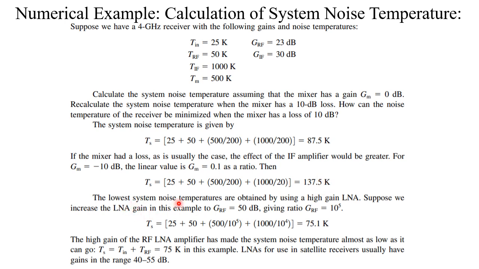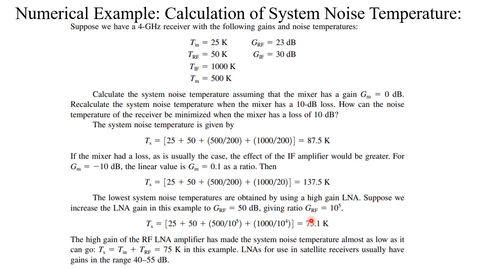The lowest system noise temperature is obtained by using a high gain LNA. So we increase the LNA gain, say up to 50 dB. So 50 dB means it becomes 10 to the power 5 in the ratio scale. If you calculate the equivalent noise temperature, it becomes 75.1 Kelvin.